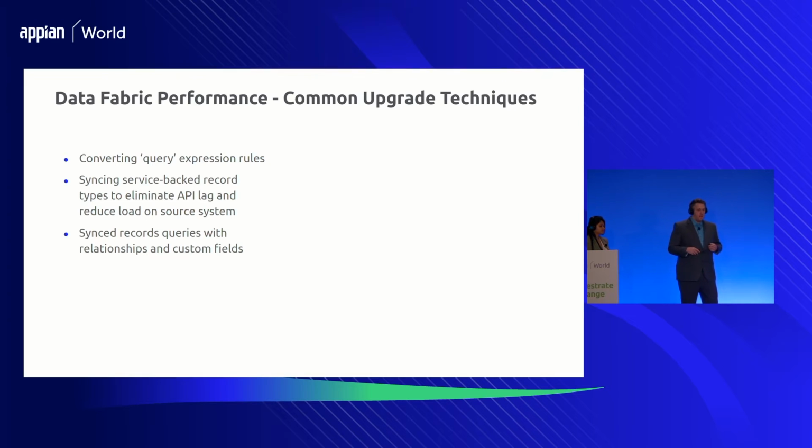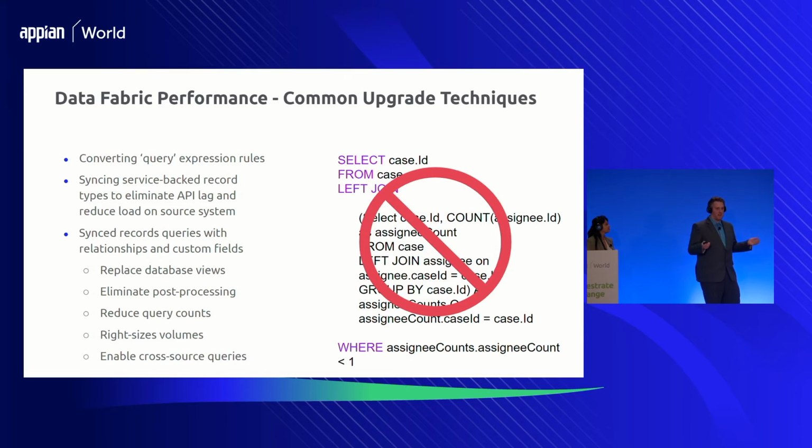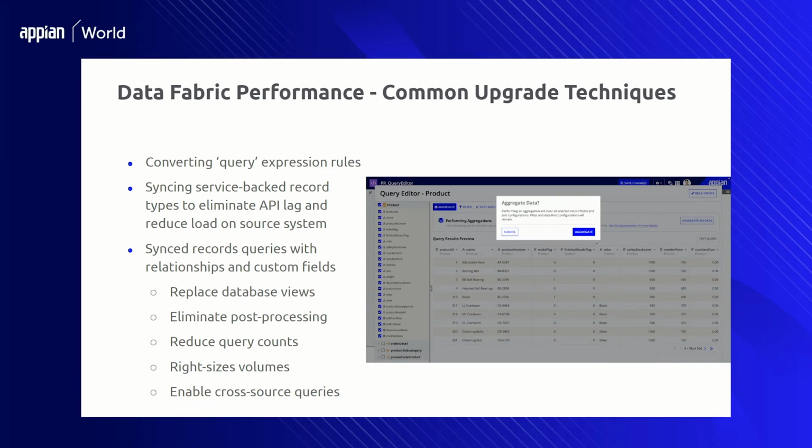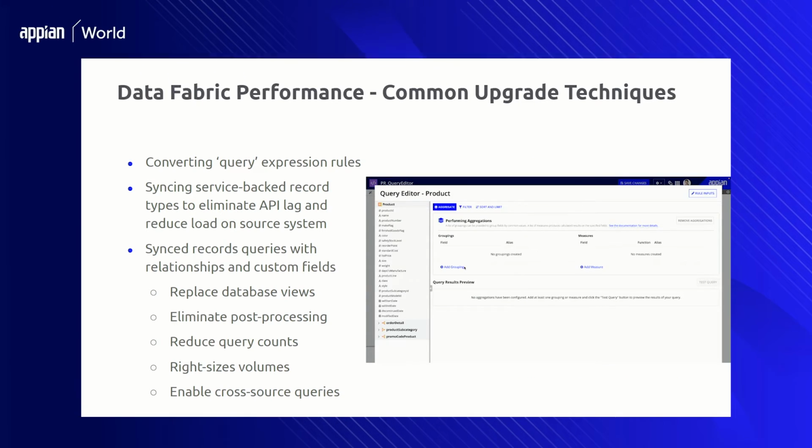Okay, now in general, there are also some other benefits or like a general set of categories of benefits that come with using synced records, relationships, custom fields. And that is things like replacing that very ugly database view on the right-hand side that I do not want to look at any longer than I have to, so I'll switch. We also, again, I mentioned, eliminate post-processing, reduce the overall number of queries that we have to issue, reduce the amount of volume that we have to bring back.